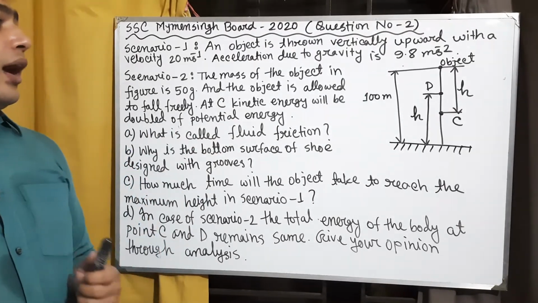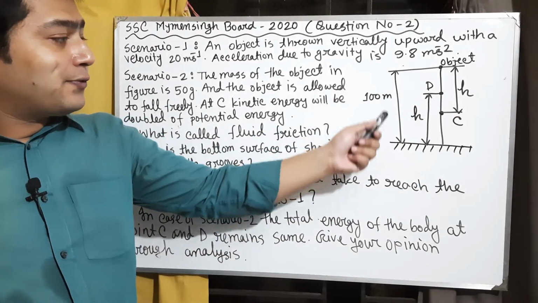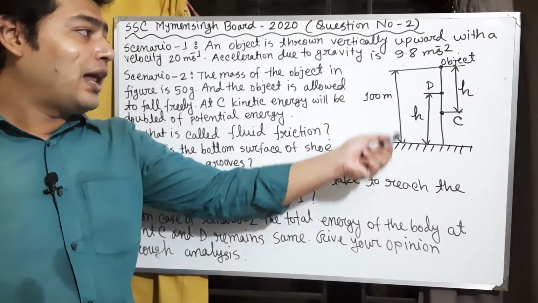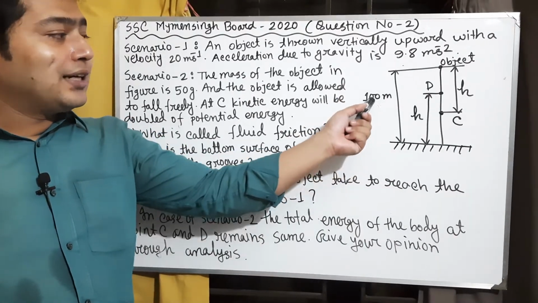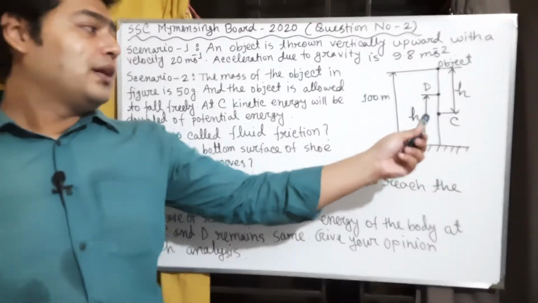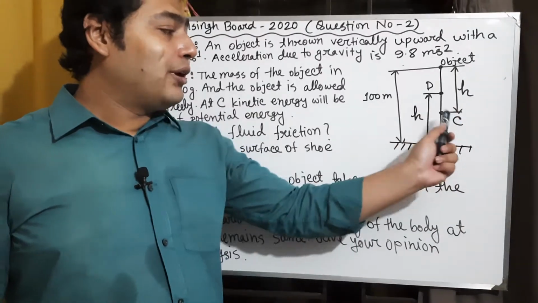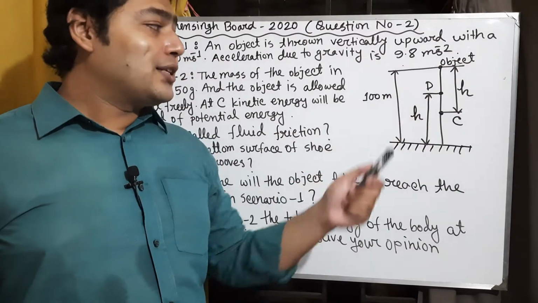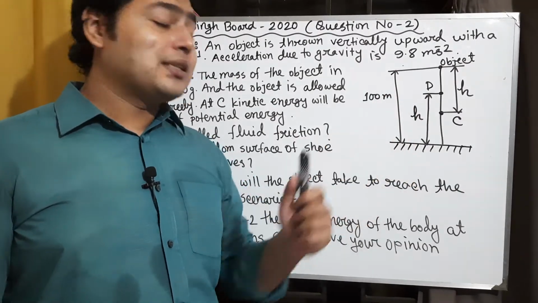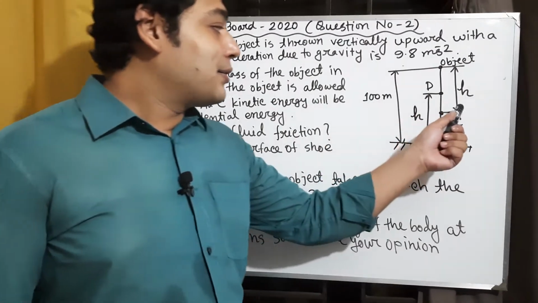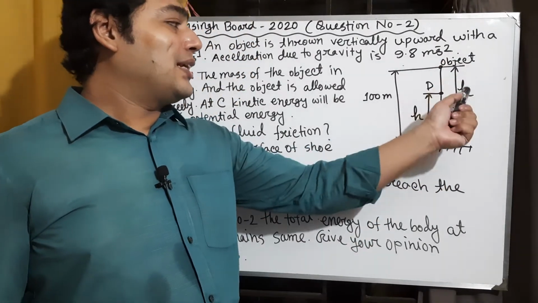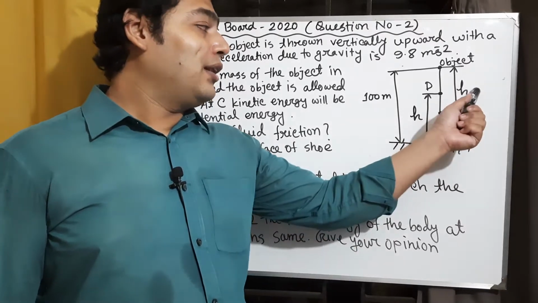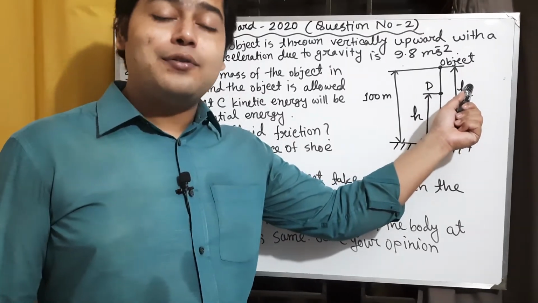This is a condition. The total height from the ground is 100 meter, and we have two places, D and C. The height of D from the ground is H, and at point C the object has traveled this height, a travel height of H.